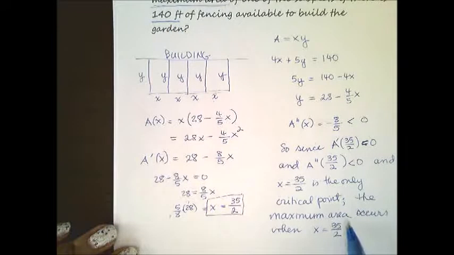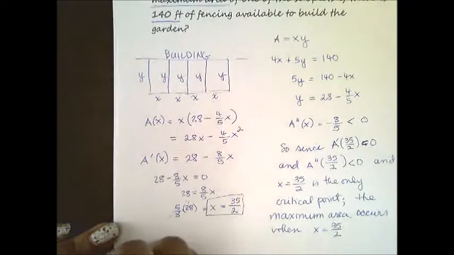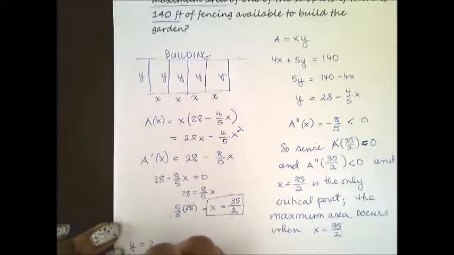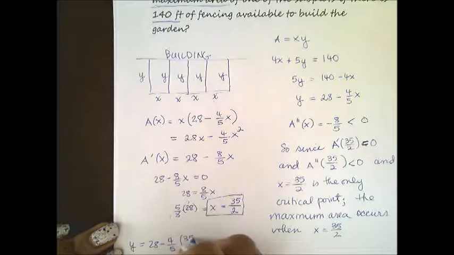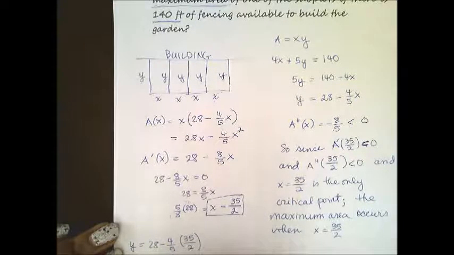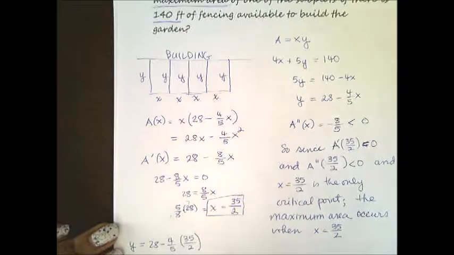The maximum area of one of the subplots. So since x is 35 halves, y must be 28 minus 4/5 times 35 halves. So 28 minus 14. So it's 14.